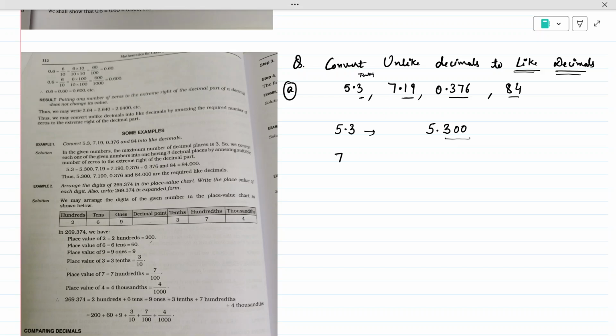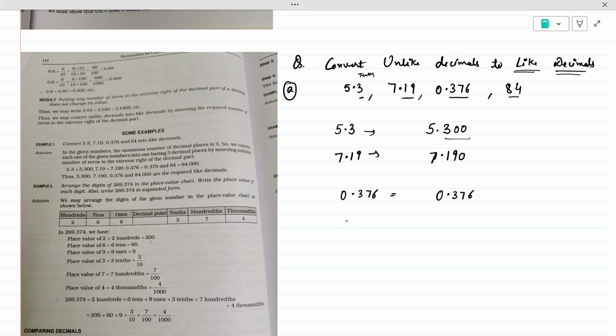Second, we have 7.19. It has 2 decimal places, so we have to add only one 0, because after adding one 0 we will have 3 decimal places. Then 0.376 will stay as is, with no changes, because it has the maximum number of decimal places, and we are changing all the others to make them equal to it.